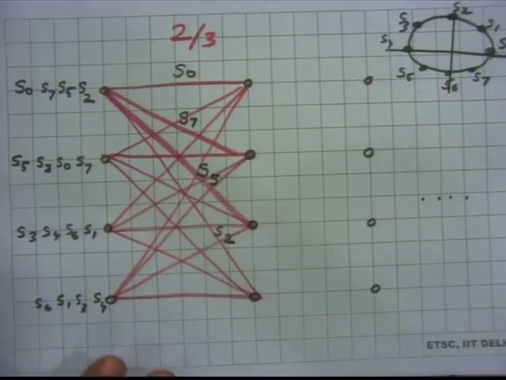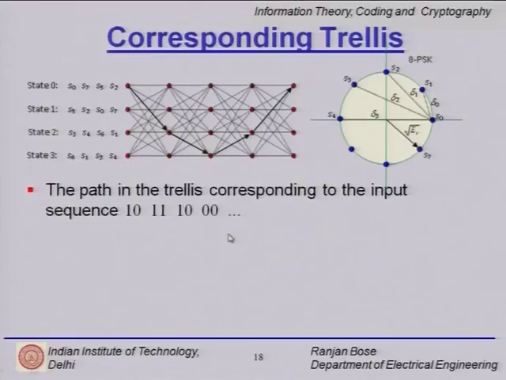So, let us look at the slides again, and if you see this fully connected trellis, then we must now find out a way to encode the path in the trellis. So, it says the input bit stream is 1 0, 1 1, 1 0 and 0 0 in the slide. So, what we do is look at the first 2 bits.